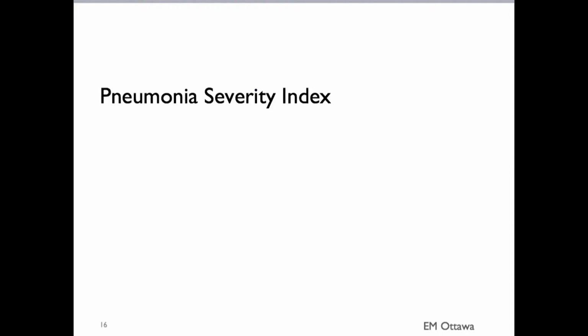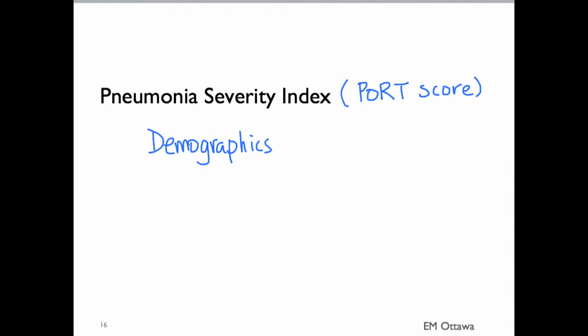Another rule is known as the Pneumonia Severity Index, or the PORT score. Again, this is also a risk stratification tool to decide for mortality and morbidity in the patients with pneumonia. It uses a lot of data points to calculate the overall score, including their age, gender, whether they're from a nursing home, comorbidities such as cancer, liver disease, congestive heart failure, or history of cerebral vascular disease.